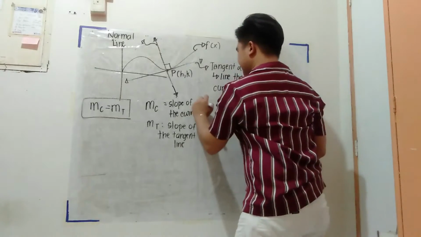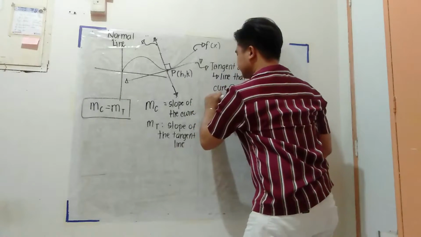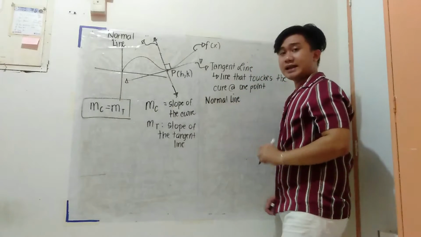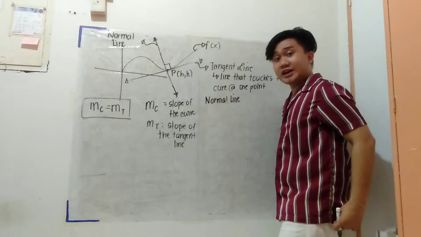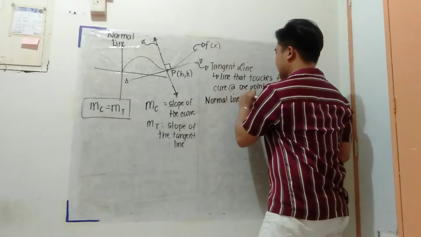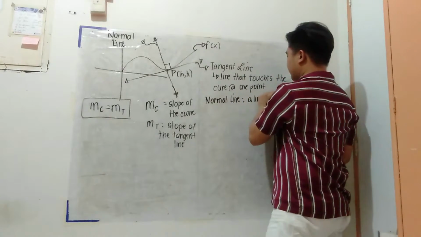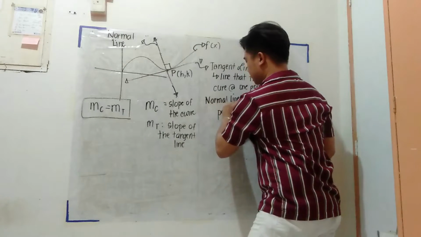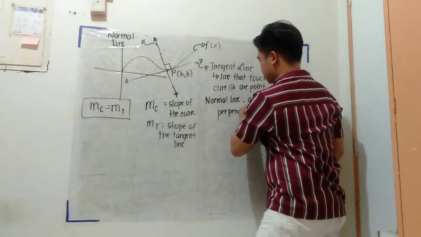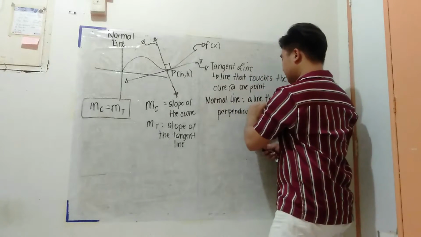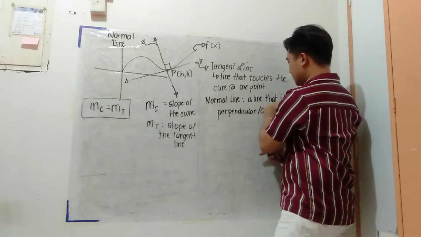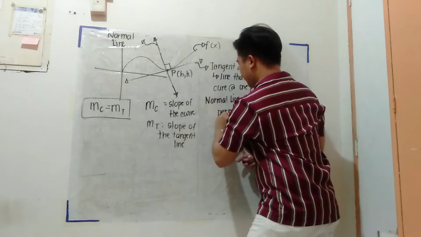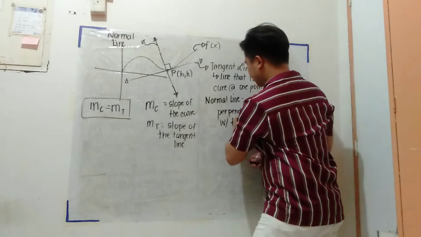So, pwede nating sabihin, guys, normal line, sa mathematics, kapag sinabing normal, it has something to do with perpendicularity. So, a line that is perpendicular, ibang word sa perpendicular, or orthogonal with the tangent line.